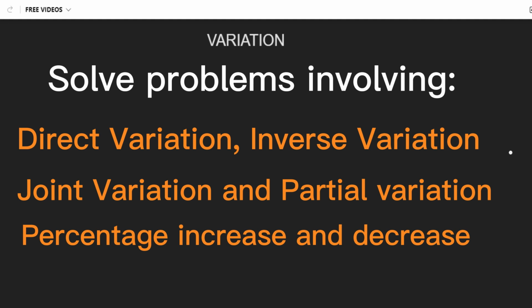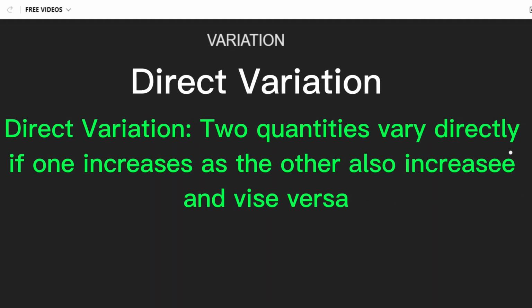What is a direct variation? In a direct variation, two quantities vary directly. And in such variation, if one increases, the other will also increase. Now, let's assume we have A to be directly proportional to Y. That means as A increases, Y will also increase.